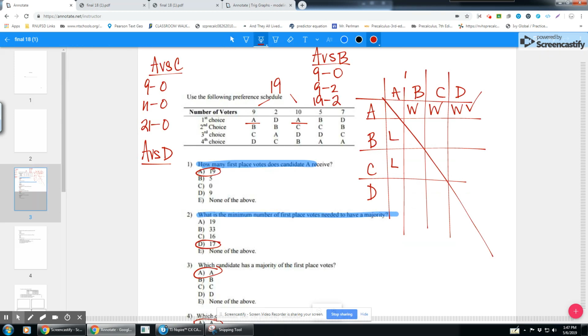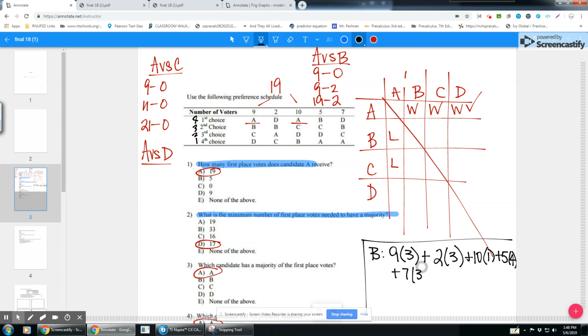I'm going to do this one in this space. For B, who our question is about, we have 9 people that gave it 3 points, because remember, we're going to go 4, 3, 2, 1. So 9 people gave it 3 points, 2 people gave it 3 points, 10 people gave it 1 point, 5 people gave it 4 points, and finally, 7 people gave it 3 points.